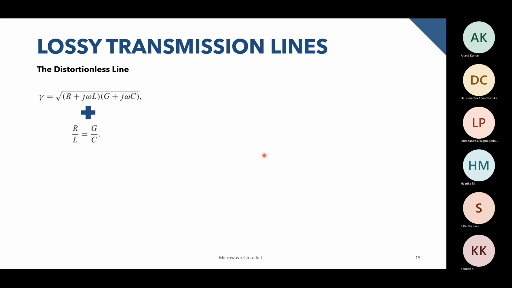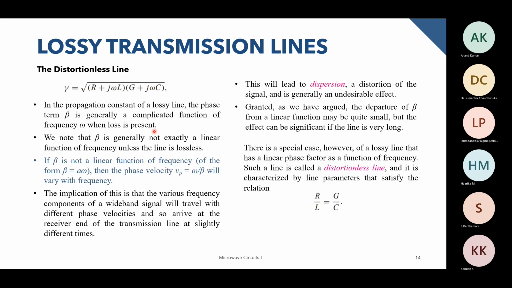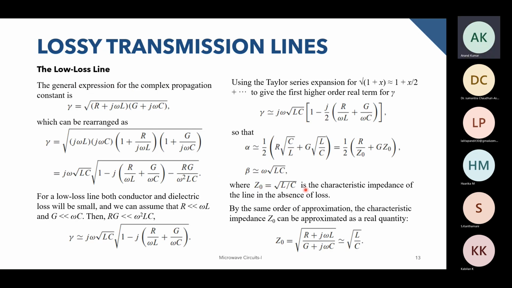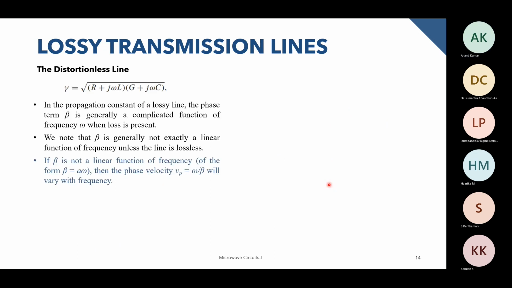If C is very small, this implies the impedance will become very high, and it will be inductive. So only DC will propagate, since the inductors actually block AC.